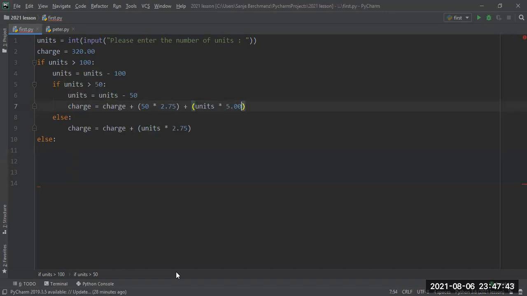So these are the parts in the first if condition.